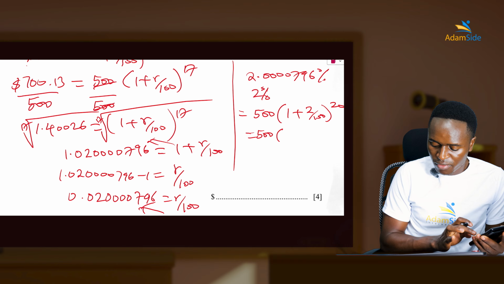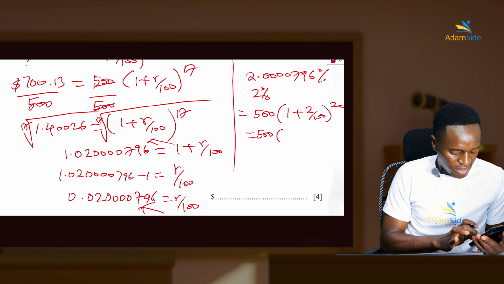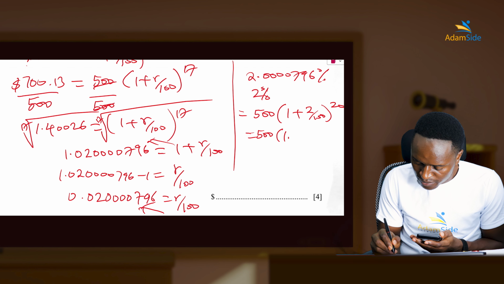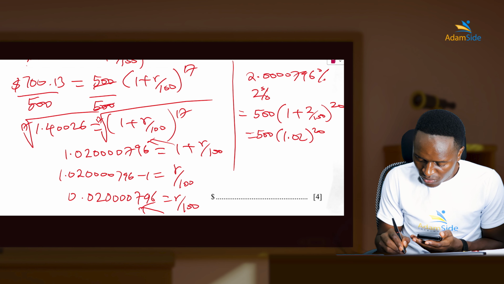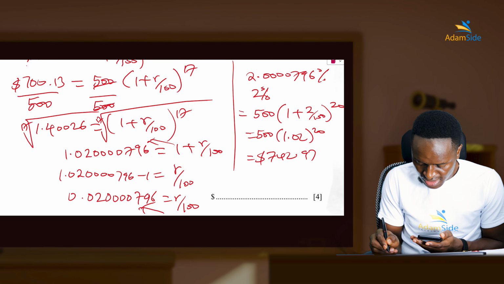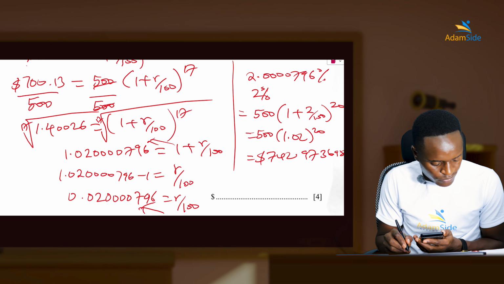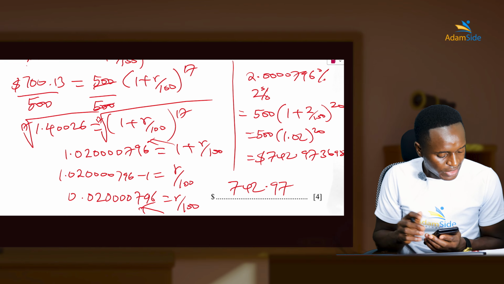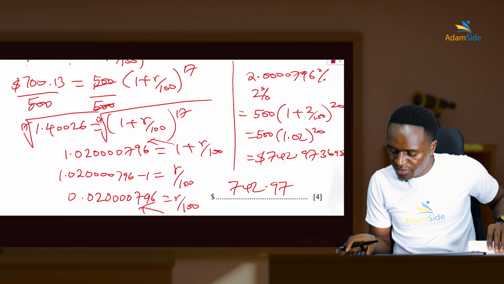You get 1.48594736 times 500. You get 742.973698. So your answer, if you round off, will be 742.97. Correct. So that's the answer.